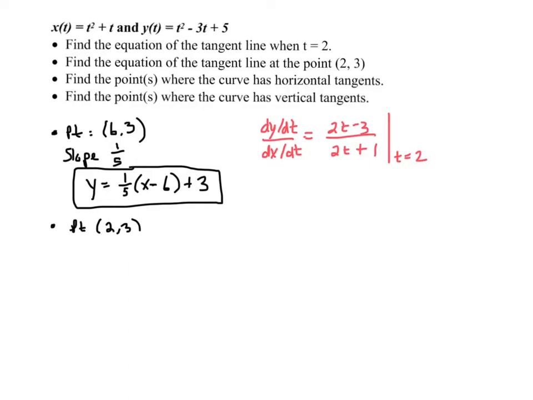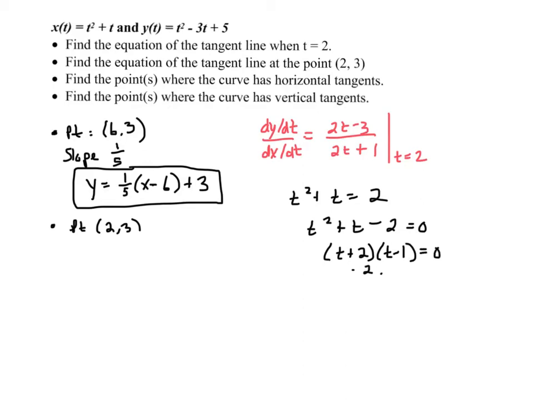So t squared plus t has to be 2. So t squared plus t minus 2 equals 0. So you've got (t + 2)(t - 1) = 0. So negative 2 and 1 are my t values.